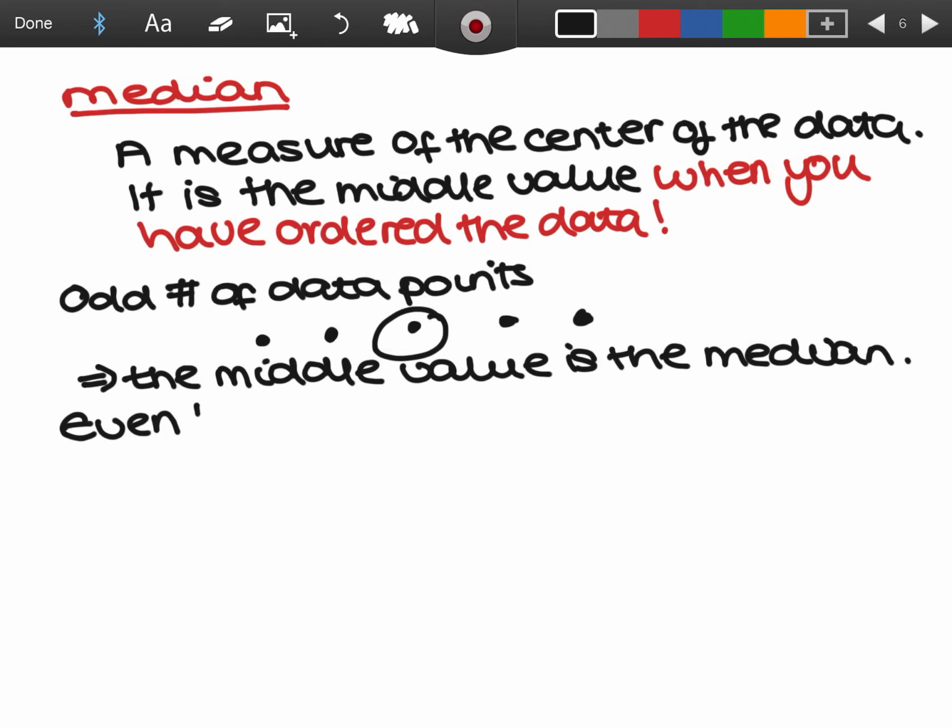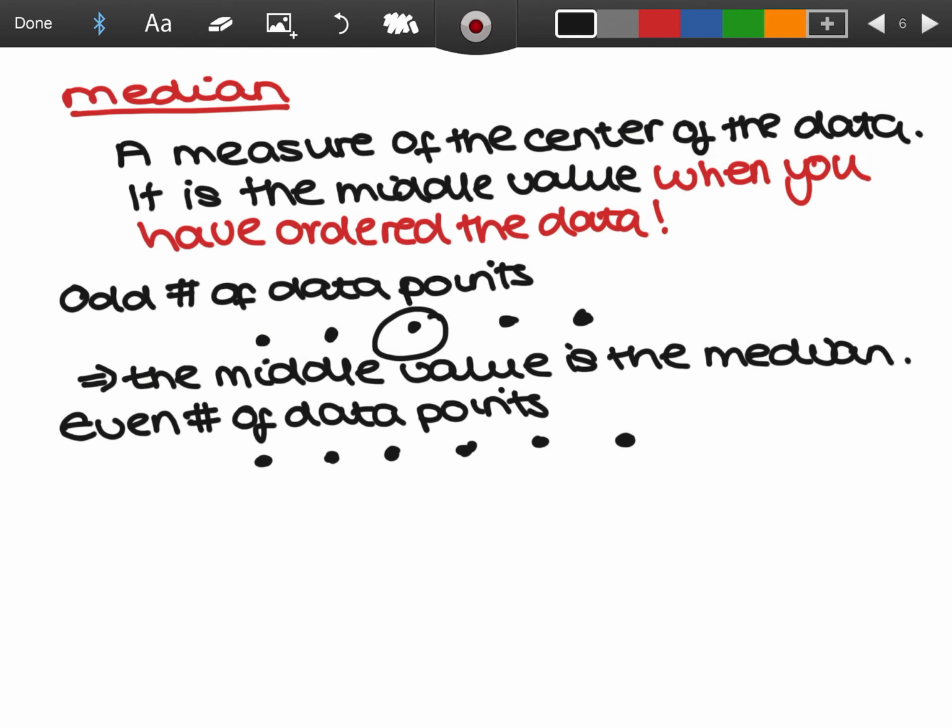The problem arises when you have an even number of data points. Let's say I now had 6 data points. There is no single point that lies in the middle.